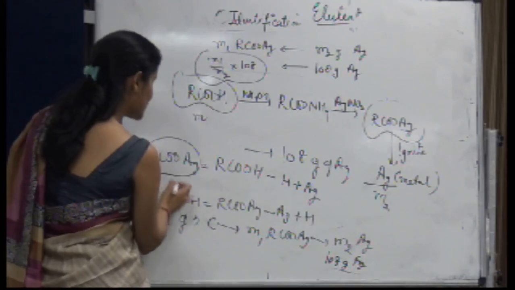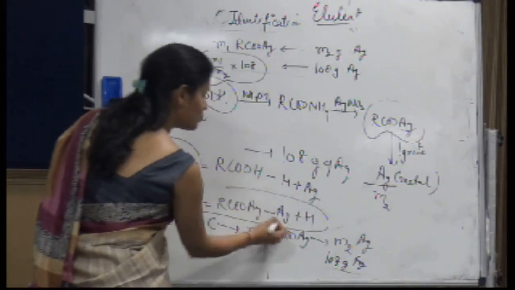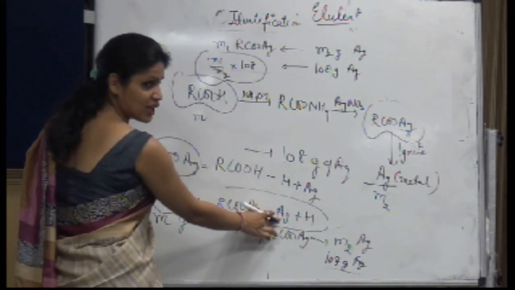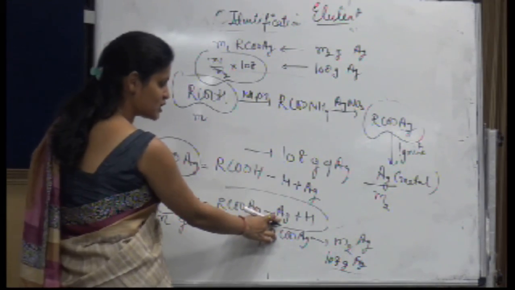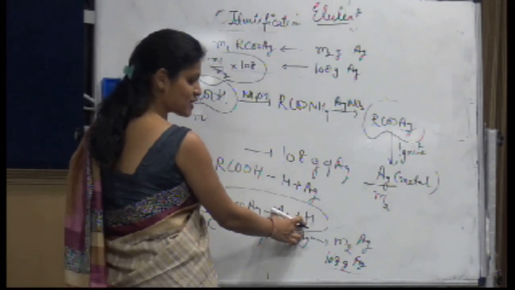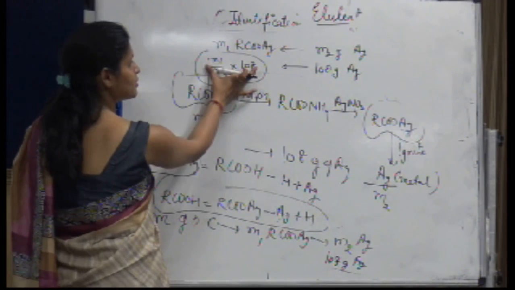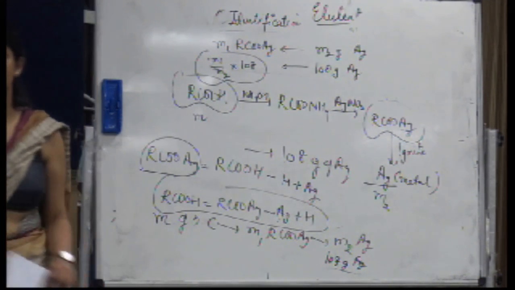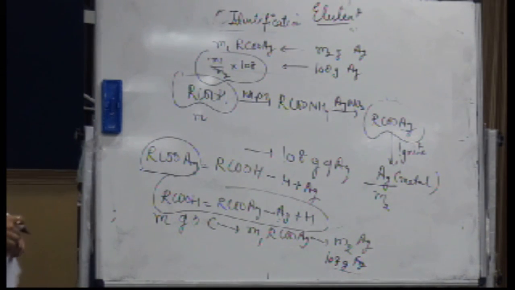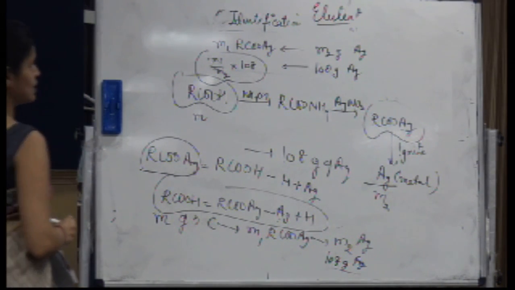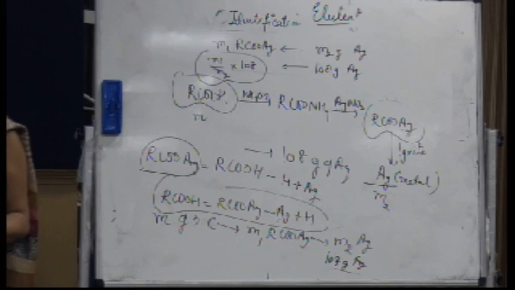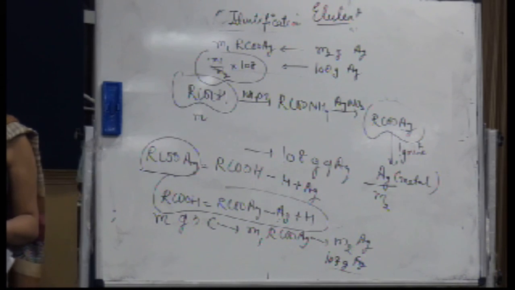Using this formula, I know the atomic mass of Ag, it is 108. I know the atomic mass of hydrogen, and now I know the molar mass of the silver salt. I take 108 because I am interested in knowing the mass of the unknown silver salt.